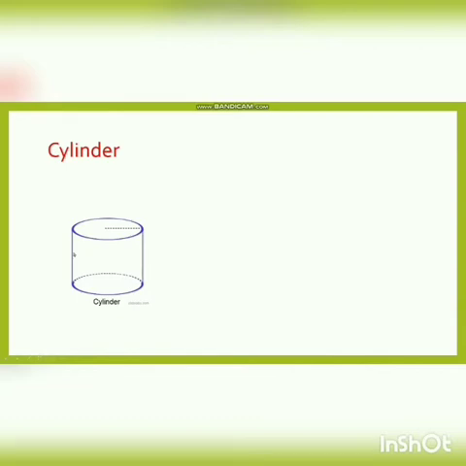One surface is a curved surface and the other 2 surfaces are in circle shape. This is the upper circle and this is the lower circle. The height of this cylinder is shown by small h and the radius of this circle shape is shown by small r.